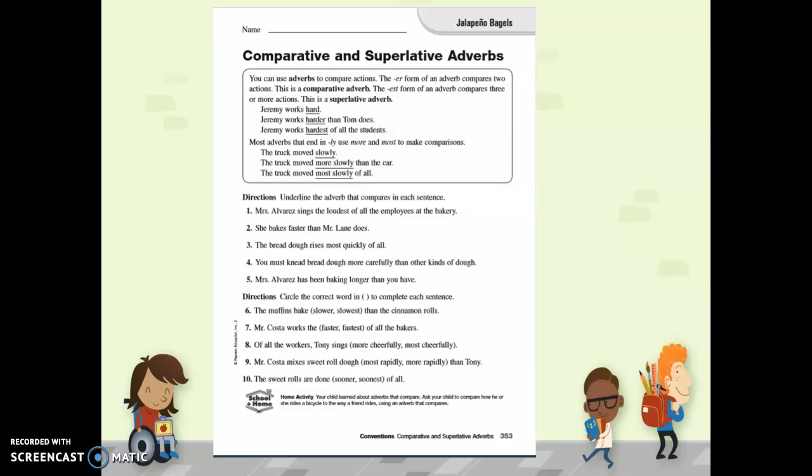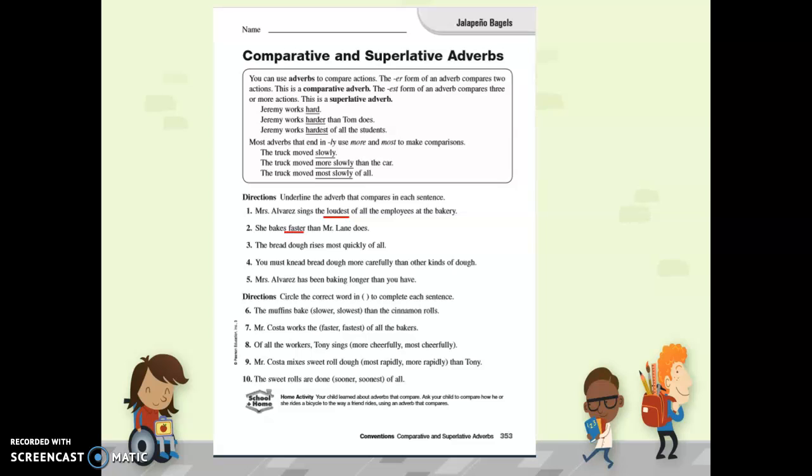Directions. Underline the adverb that compares in each sentence. Number 1, Mrs. Alvarez sings the loudest of all the employees at the bakery. So, the adverb is loudest. Number 2, she bakes faster than Mr. Lane does. Faster.